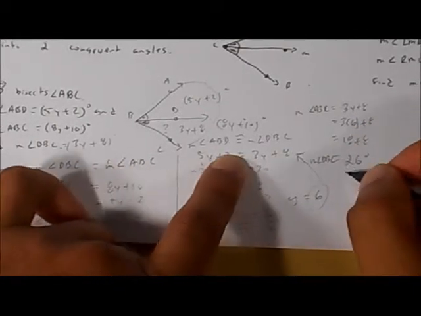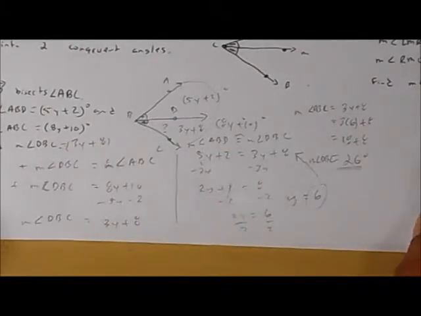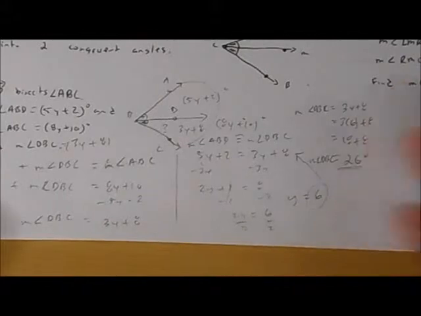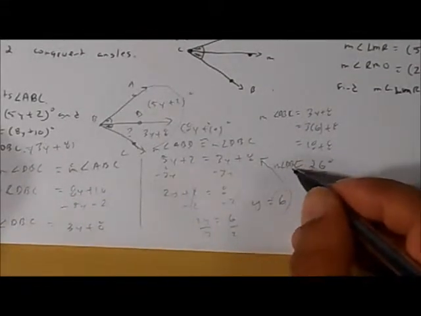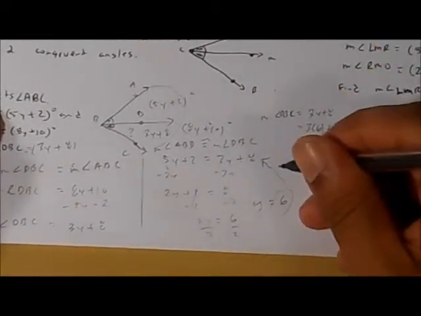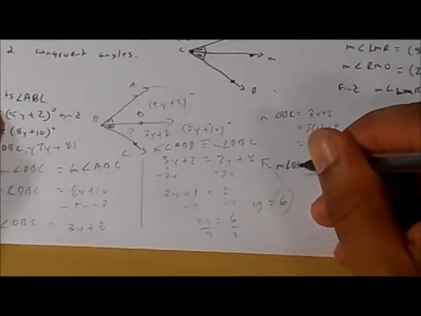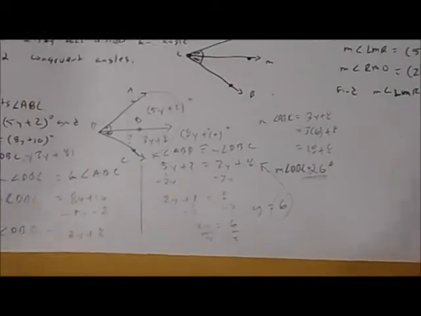Okay, it looks like a lot of work, but just keep going through with it. I'll be looking for the process that you're able to understand. So the measure of angle DBC is equal to 26 degrees.